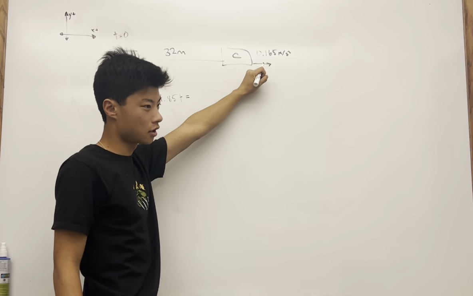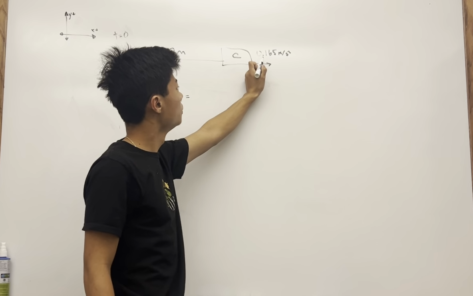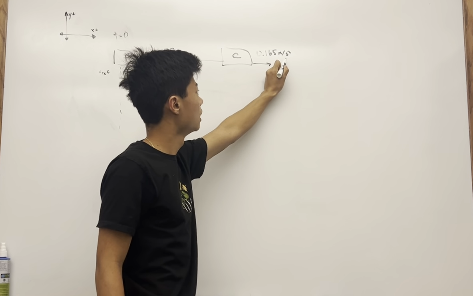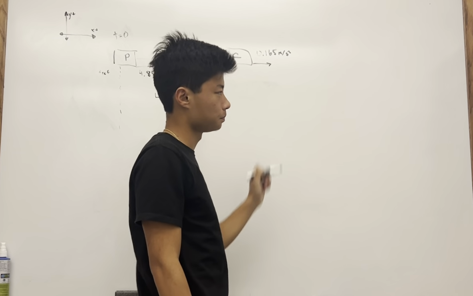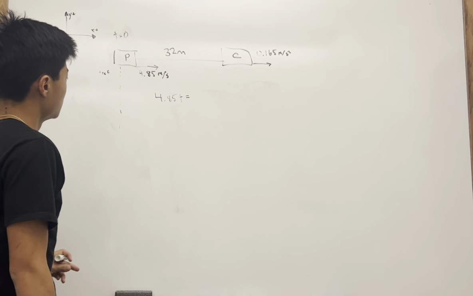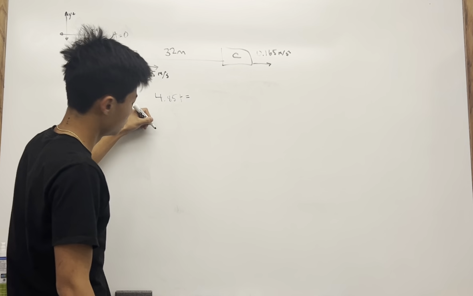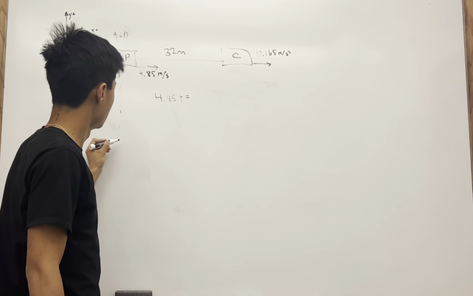To find the position of the car, we know that it's accelerating at 0.165 meters per second squared. We are going to use the kinematic equation.